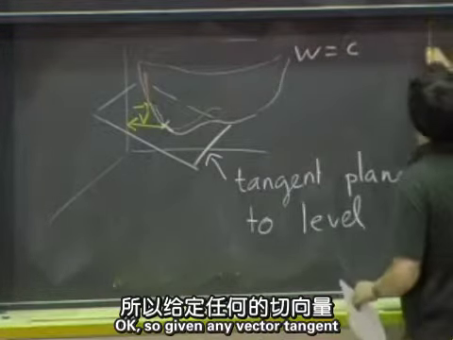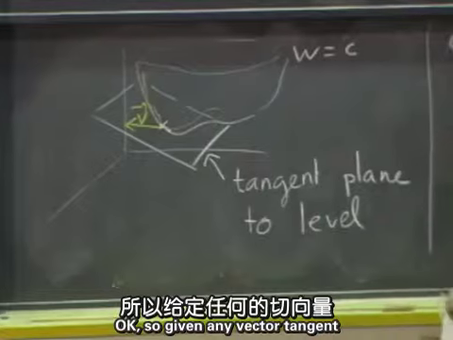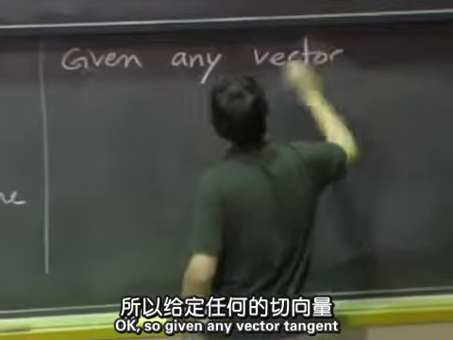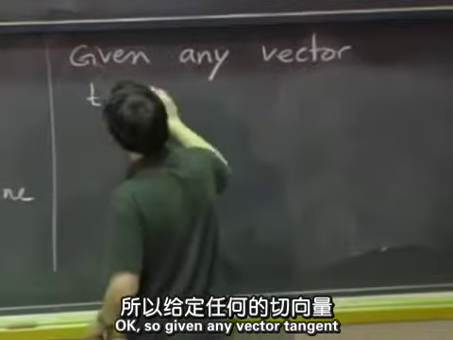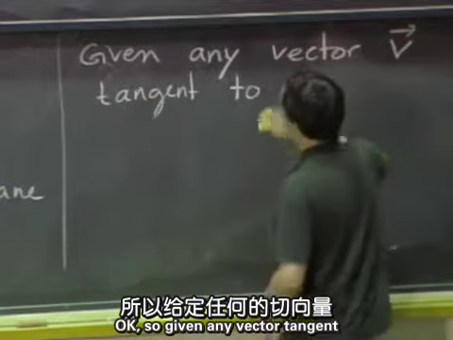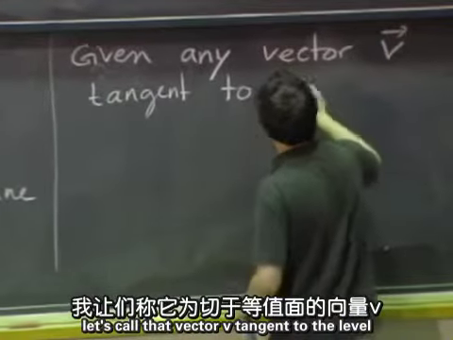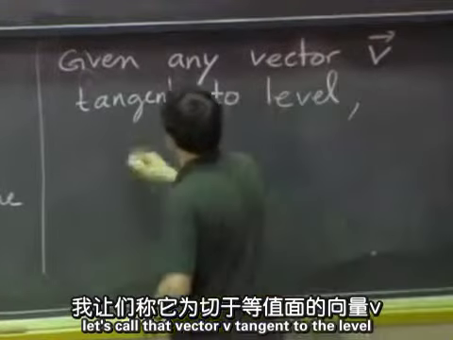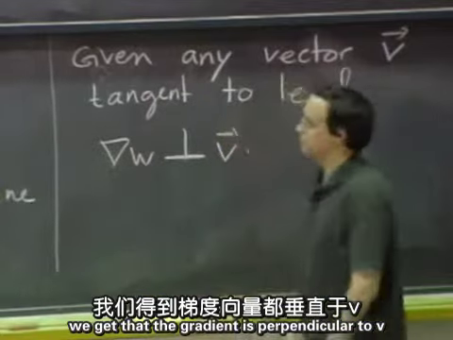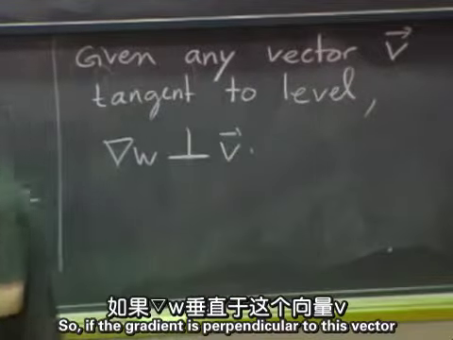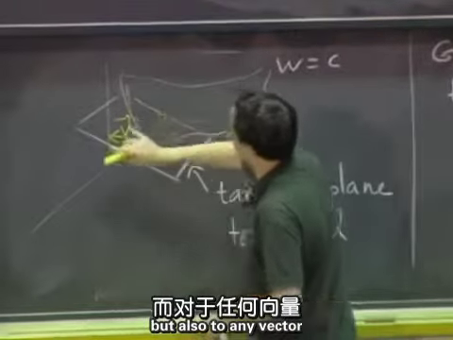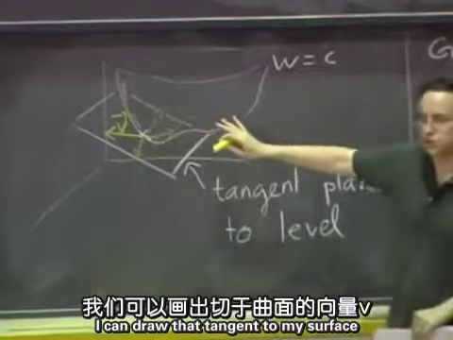Okay, so given any vector, let's call that vector V, tangent to the level, we get that the gradient is perpendicular to V. So the gradient is perpendicular to this vector tangent to this curve, but also to any vector I can draw that's tangent to my surface.